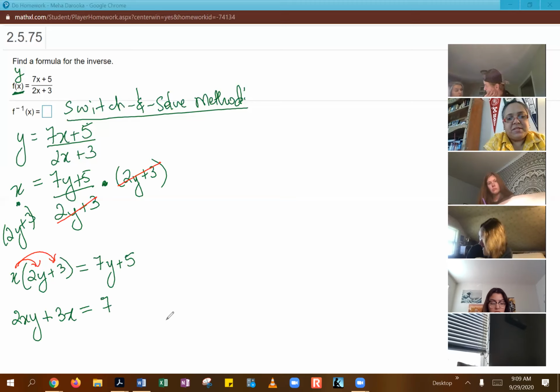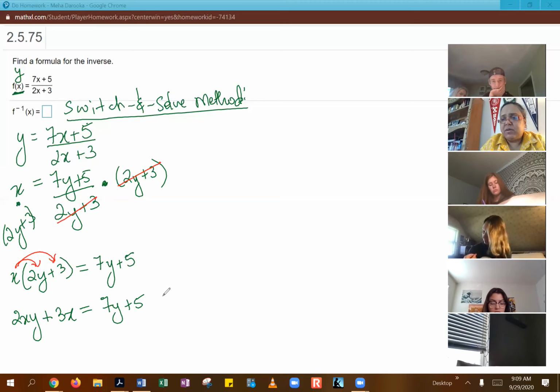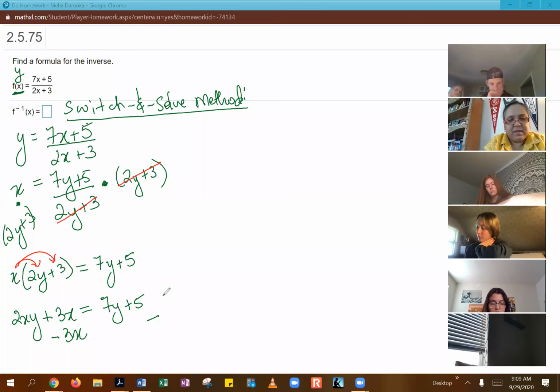And then, of course, we still have 7y plus 5 on the other side. You've got one y term on the left-hand side, one y term on the right-hand side. So bring the y terms together on one side. So what I'm actually going to do is get rid of this 3x, move it to the right-hand side.